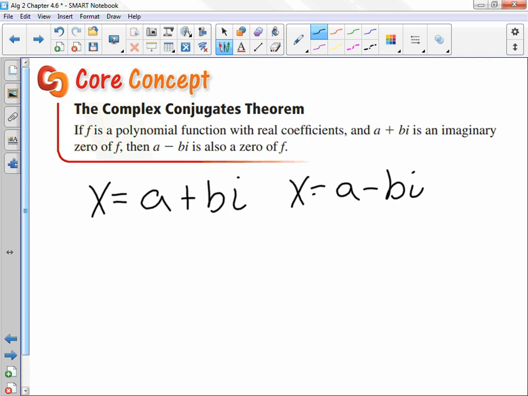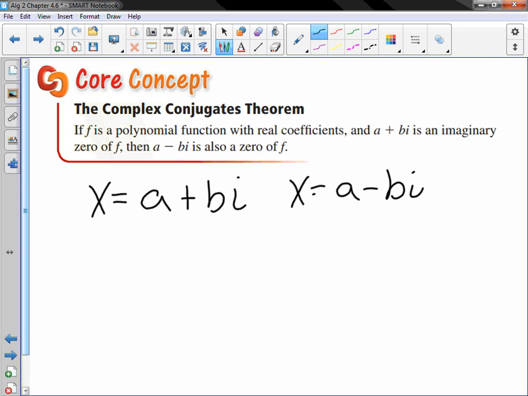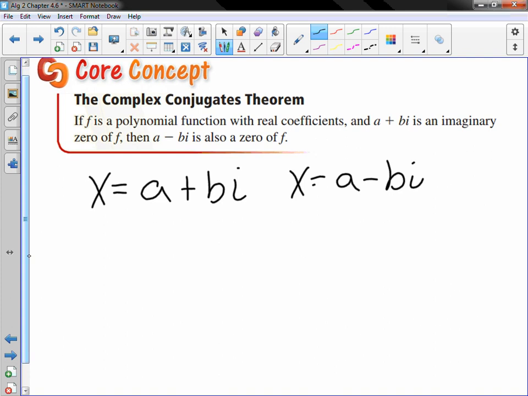Just like with radicals, or square roots, we did not have any quadratics or any higher degree polynomial that actually had a square root to begin with. So when we have our answers, they have to come in pairs, positive and negative square root. Same thing works out with our complex numbers, a plus bi. If I have a plus bi, I also have to have a minus bi. If we have one, we have to have the other.